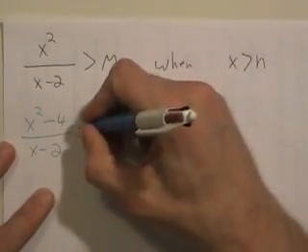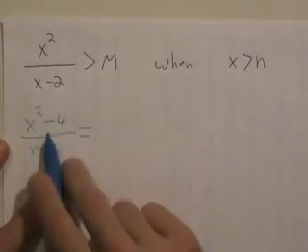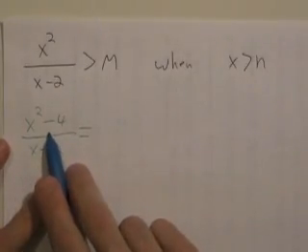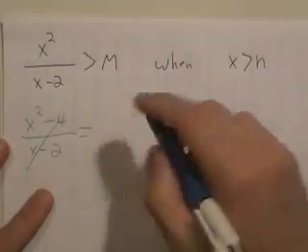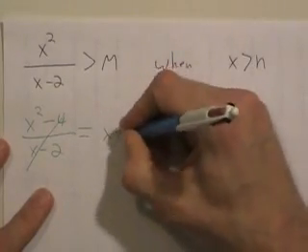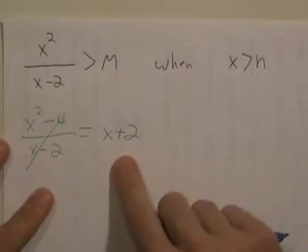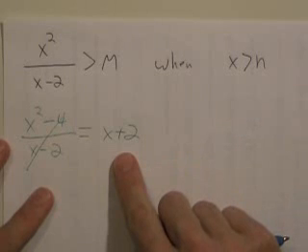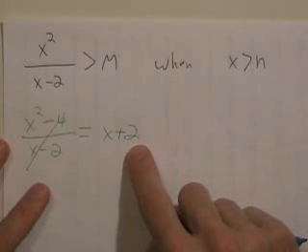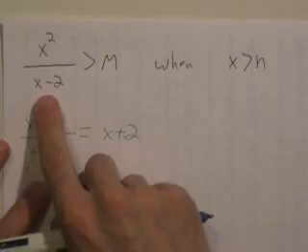But because of the cancellation, this factors into x plus 2, x minus 2. And once you cancel those factors, this is going to equal x plus 2. So if it can be shown that x plus 2 is greater than m, then it will necessarily be the case that this will be greater than m.